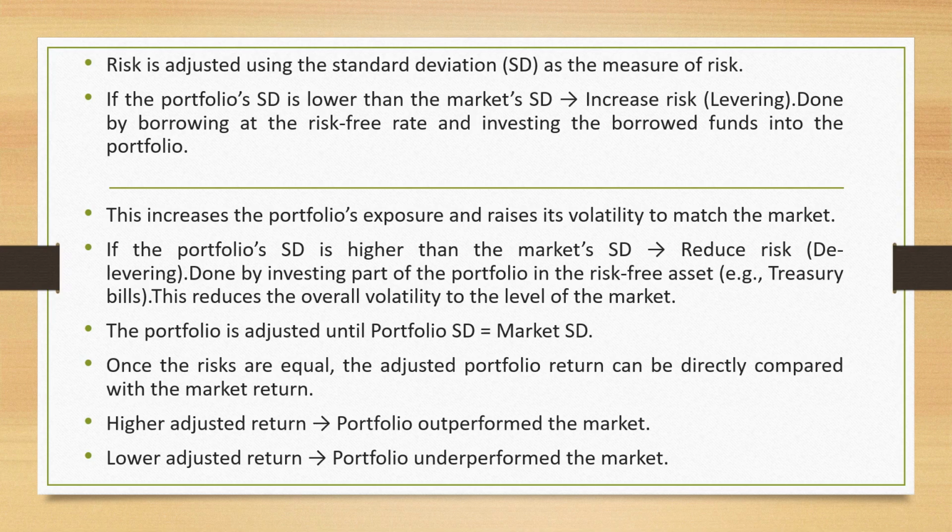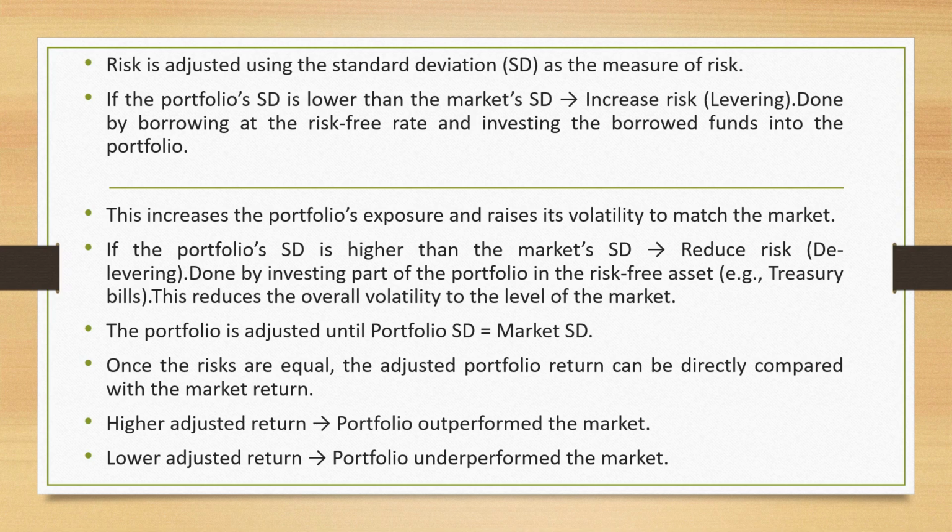So that your risk increases, correct? So if you borrow at the risk-free rate, okay, and invest the borrowed fund into the portfolio, you will be able to increase the standard deviation. This increases portfolio's exposure and raises its volatility to match the market. So we'll keep on borrowing this way, right, to increase the volatility of the portfolio.